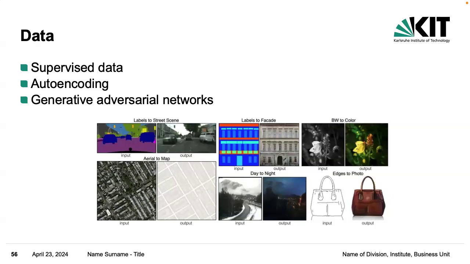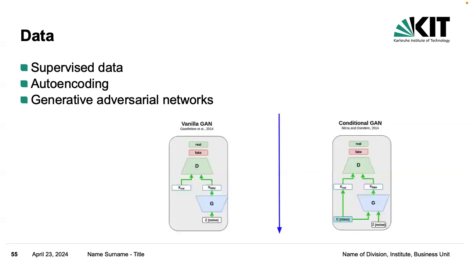Yes? It's for the conditional generator. So you also put in the condition for what it should generate. So based on noise and the condition, you then generate something. Yes. How exactly you do that in the network depends on the structure, how you put the image in there.